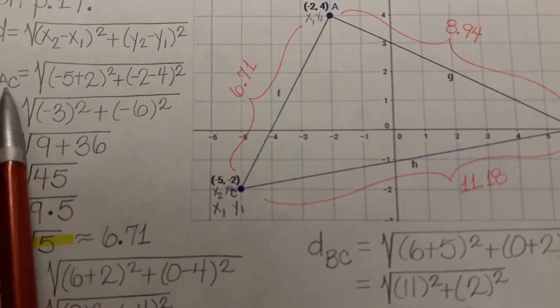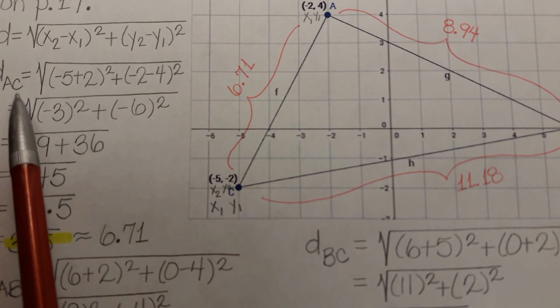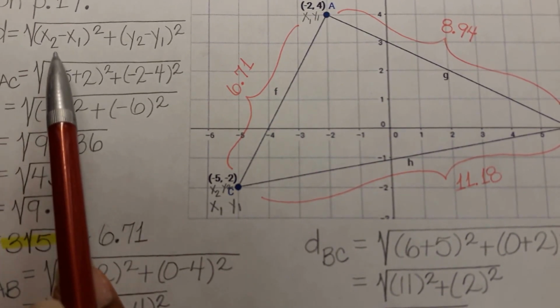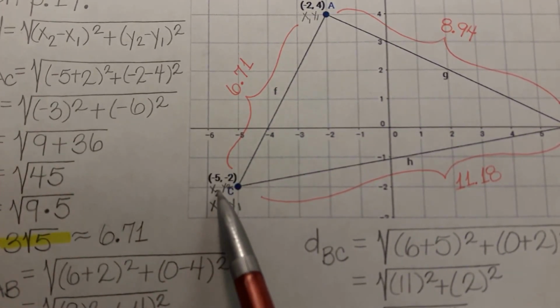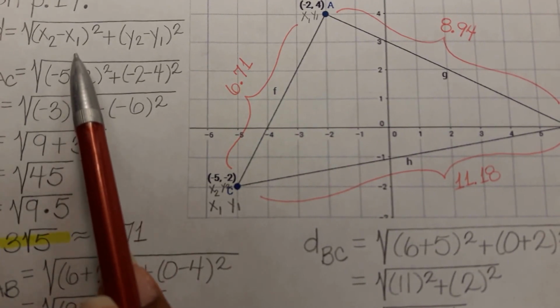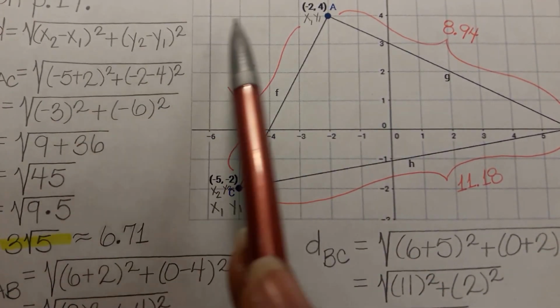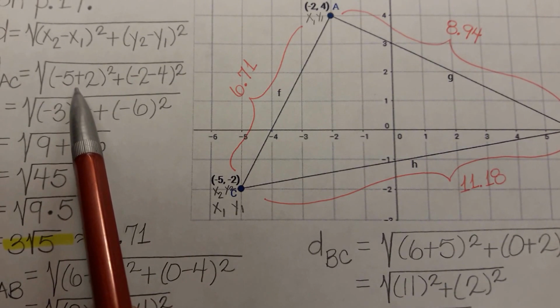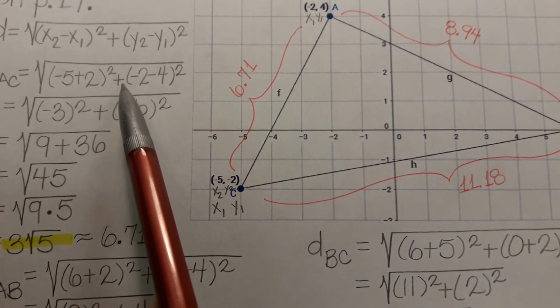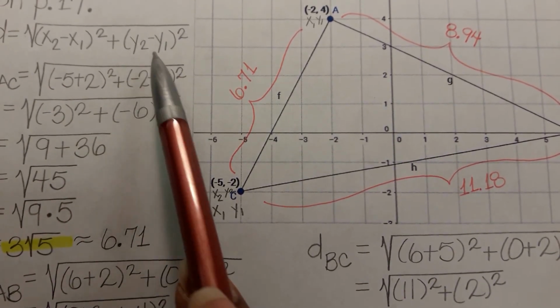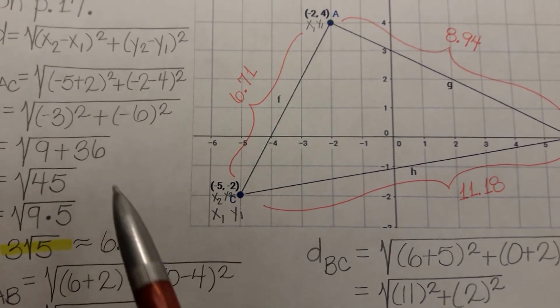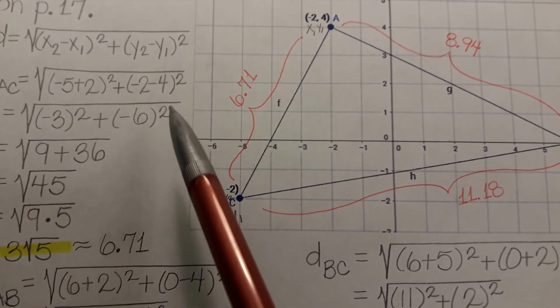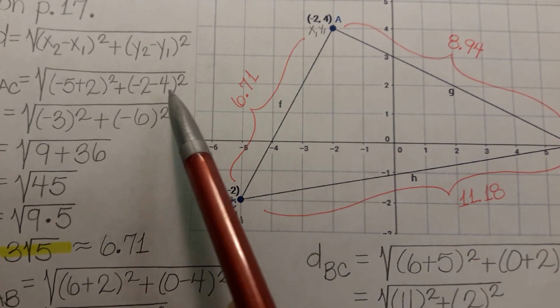Looking at my formula, x2 is -5. x1 is -2. But I know a negative times a negative makes that +2 squared. Plus y2 is -2. And y1 is 4.